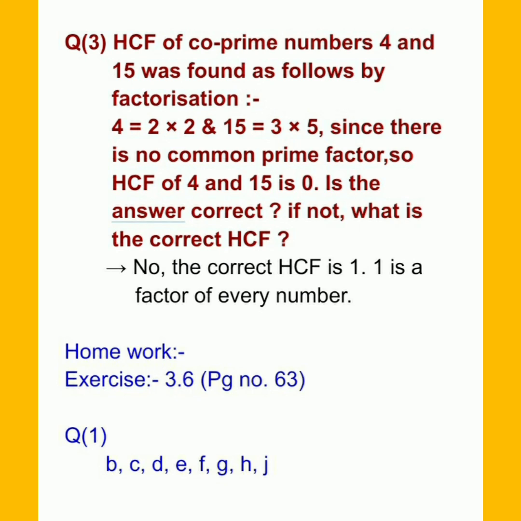Now you have to tell whether the answer is correct, and if not, what the correct HCF is. The answer is not correct, because they have not written 1 as a factor. 1 is a factor of every number, so the correct HCF is 1. Okay, this is about exercise 3.6. Thank you.